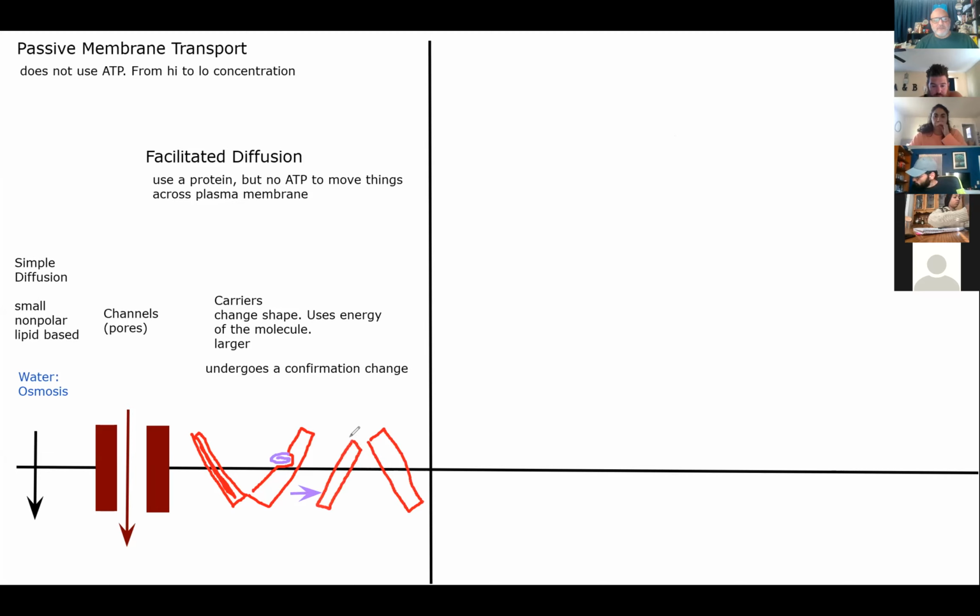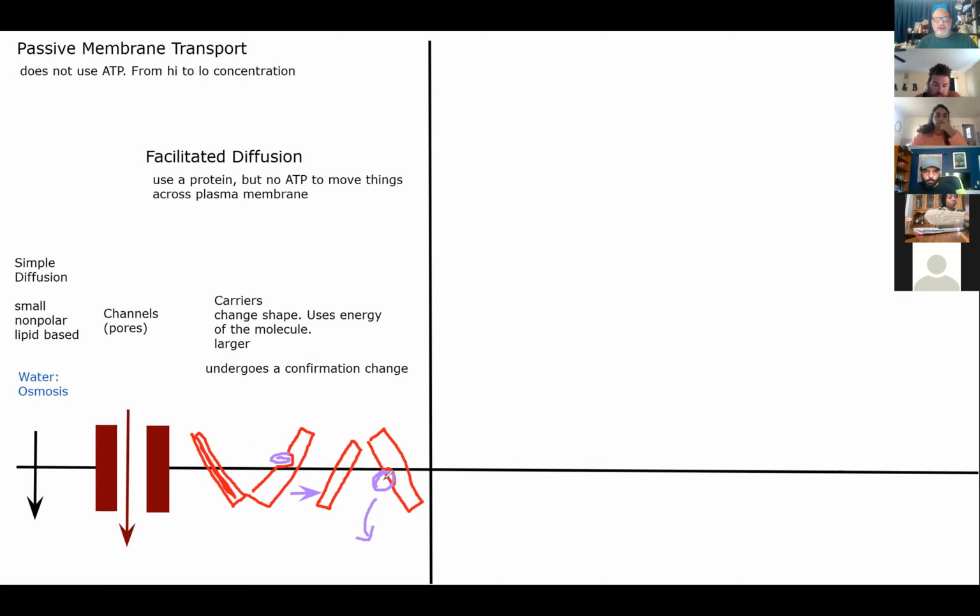All right, did my microphone just suddenly go silent? Did it just change according to its environment? Well, it just means it changes shape. Okay. It's just a fancy way of saying that it changes shape. And when it undergoes a conformational change, it changes shape. And so notice when it changes shape, what ends up happening is the top closes and the bottom opens. And that allows the glucose to enter into the cell.